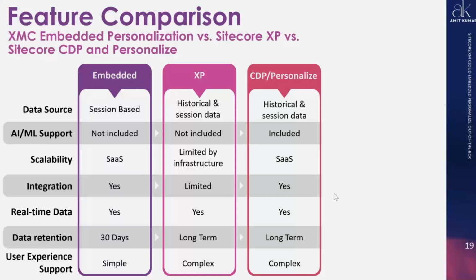And also when you are buying the CDP and personalization, you can create the condition there and push that directly to your XM Cloud tenant also. That is very easy. Suppose some conditions are not fulfilled out of the box, you can create a custom condition there based on the data you have in the CDP, and you can push it here itself.